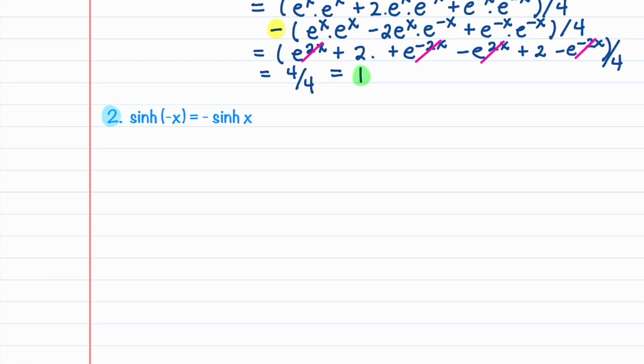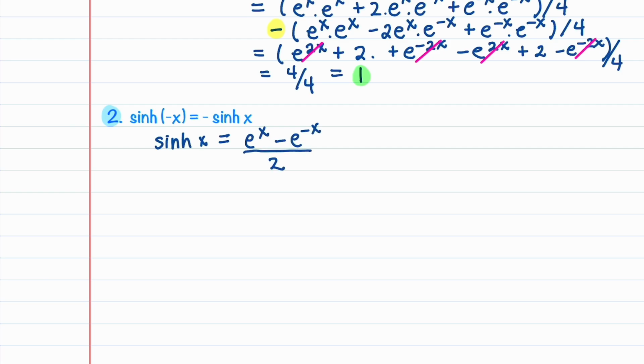Let's now look at number 2. We need to prove that sech of minus x is equal to minus sech of x. Let's start with the definition. We know that sech of x is equal to e to the x minus e to the minus x, all divided by 2.